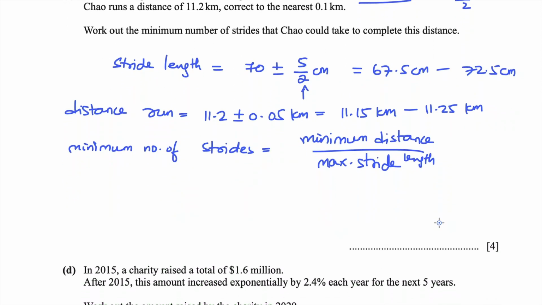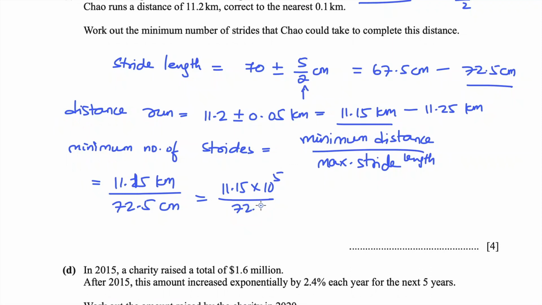And so let us calculate the value. Sorry, 11.15 kilometers is the minimum value, and this is the maximum, 72.5 centimeters. So I am converting kilometers into centimeters: 11.15 into 10 power 5 divided by 72.5, which is 1,115,000 divided by 72.5. And if I calculate this value, this will turn out to be 15,379.310 and so on.